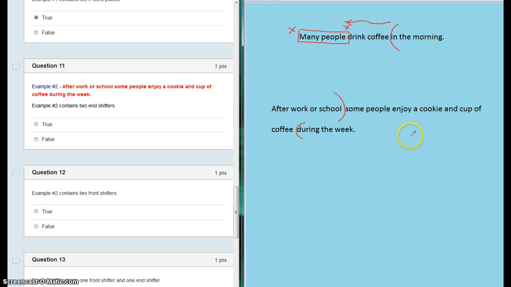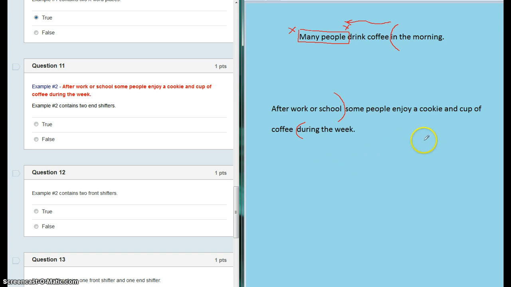And we also have another shifter at the end, during the week, because I can say during the week some people enjoy a cookie and a cup of coffee. You know, I could have both shifters in the front or both shifters at the end, and it wouldn't change the meaning.